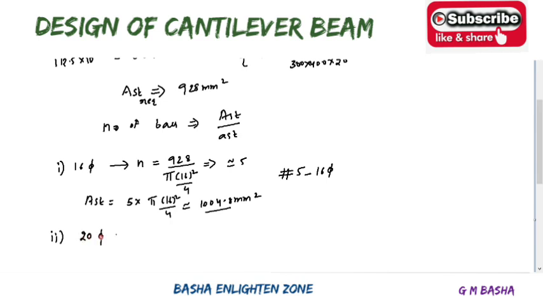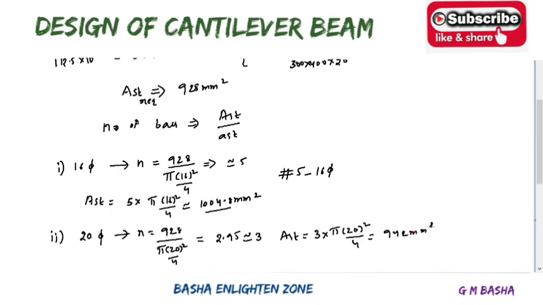Now 20 dia bars. So n will be equal to 928 by pi 20 square by 4. How much will you get? You will get around 2.95 bars, which is approximately 3. If you check the area of the steel, 3 into pi 20 square by 4, it will be around 942 mm square.